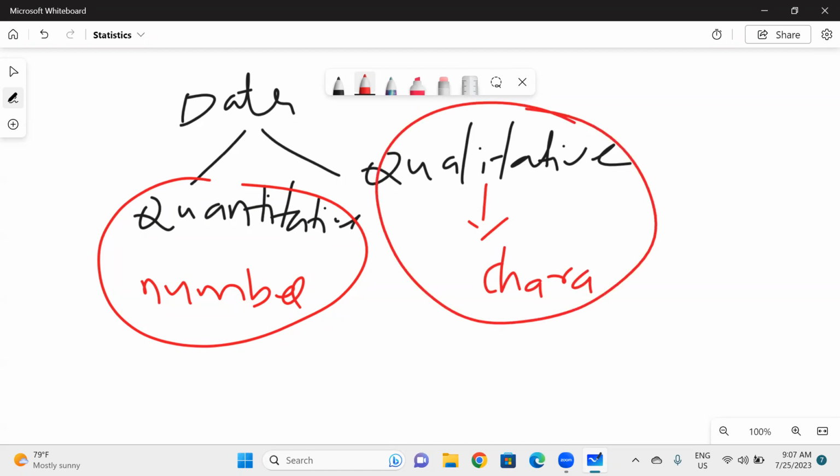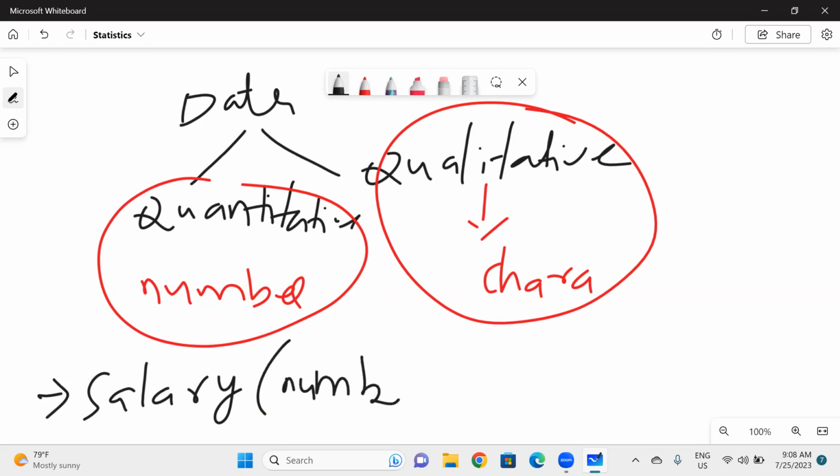Let me give an example for a better understanding of quantitative and qualitative data. Say I want to find the salary of an employee. The salary could be a number or a category. If I want to find the salary of one specific employee or of several employees, that salary is a number, so it's quantitative data.